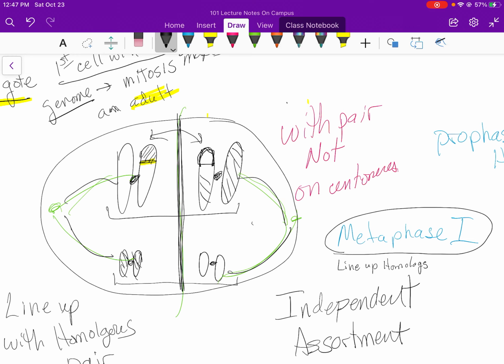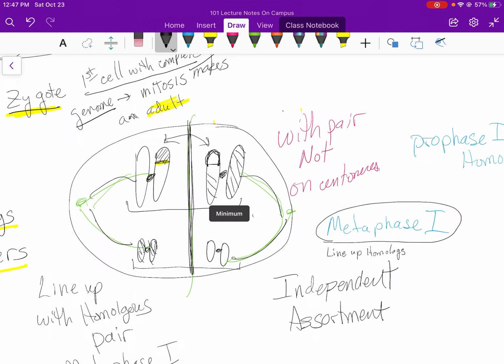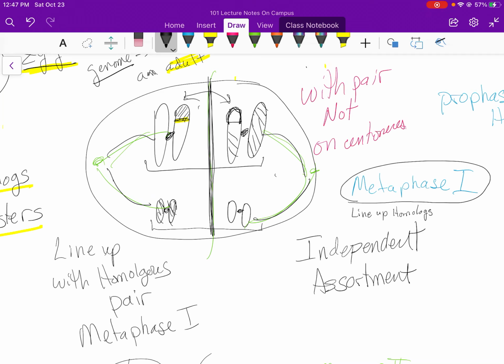Now, I've also drawn some little arrows in here that we'll take a look at in a minute when I come back and talk about what's happening there. I've drawn stripy chromosomes on the right side over here, and I've got some clear ones on the right side as well. These are going to be separated, and the pairs themselves kind of dance around in a circle here, and they spin around and take turns being on the different sides.